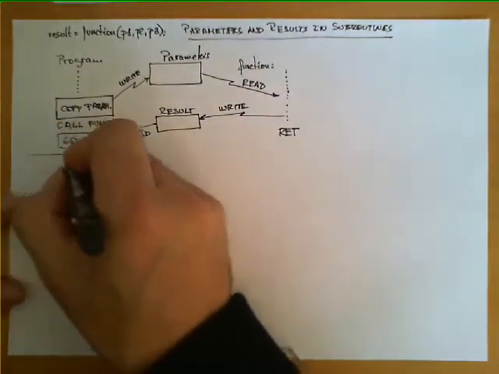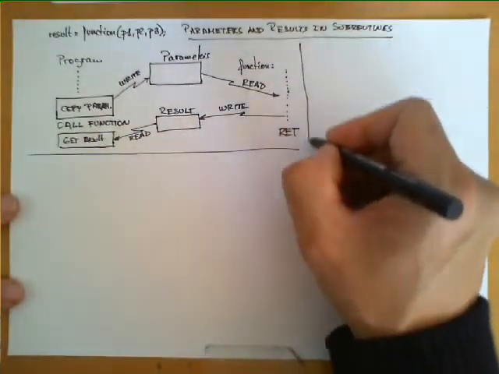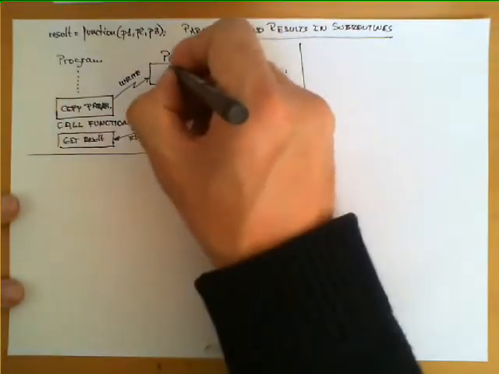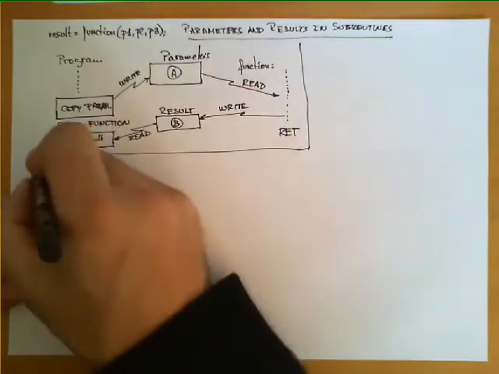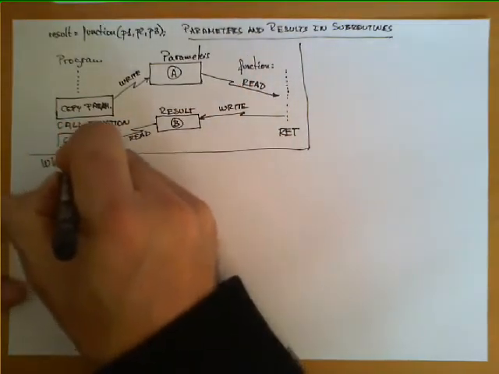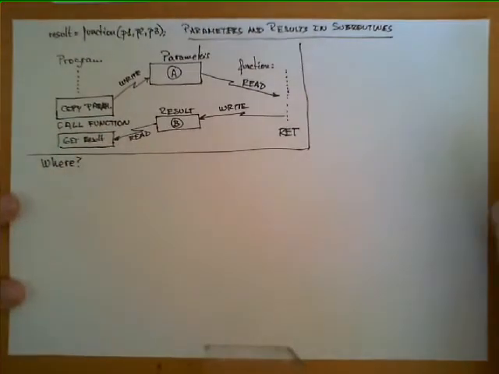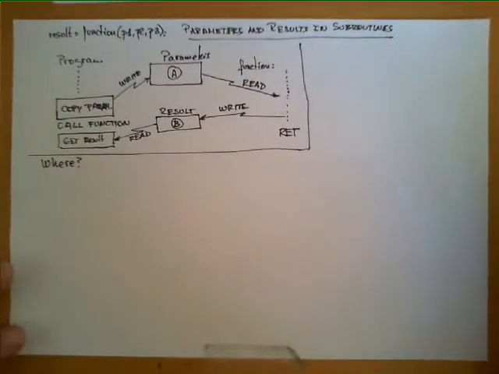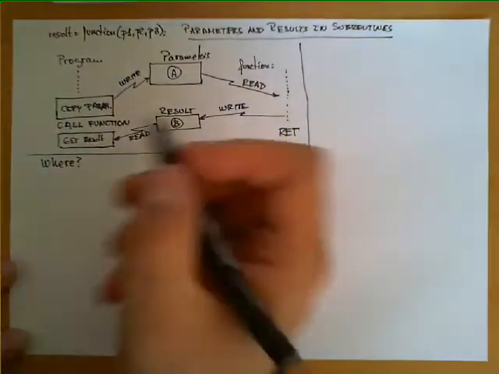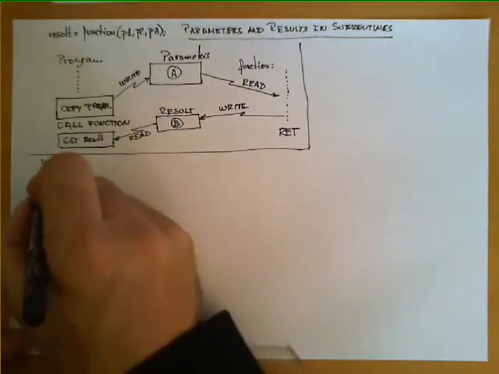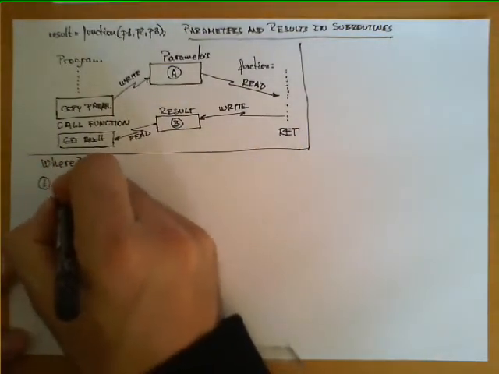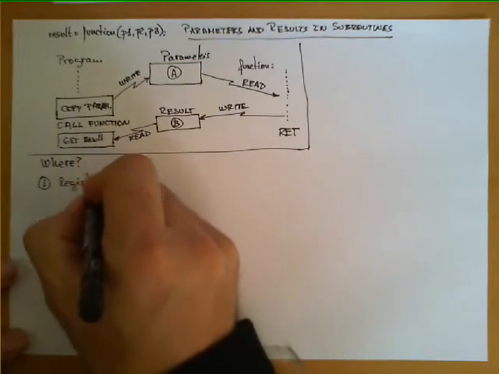Now the question is, for these two areas that we see here, area A and area B, where will you put this? And we have several options, and all three of them have been considered by different microprocessors. So the first option is, well, why don't we choose and select several registers to perform this?